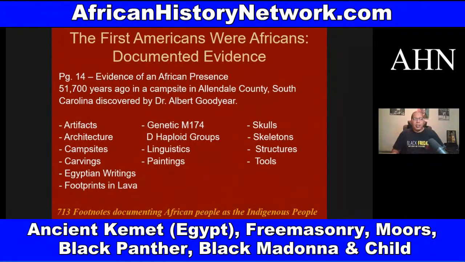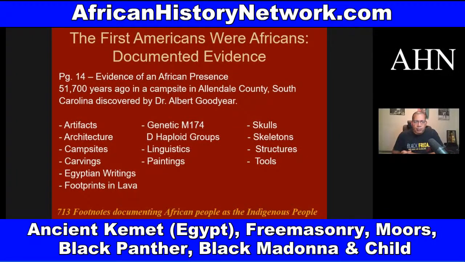On page 14 of his book, he deals with a discovery from Dr. Albert Goodyear, who's an archaeologist at the University of South Carolina. And they made this discovery in 2004.